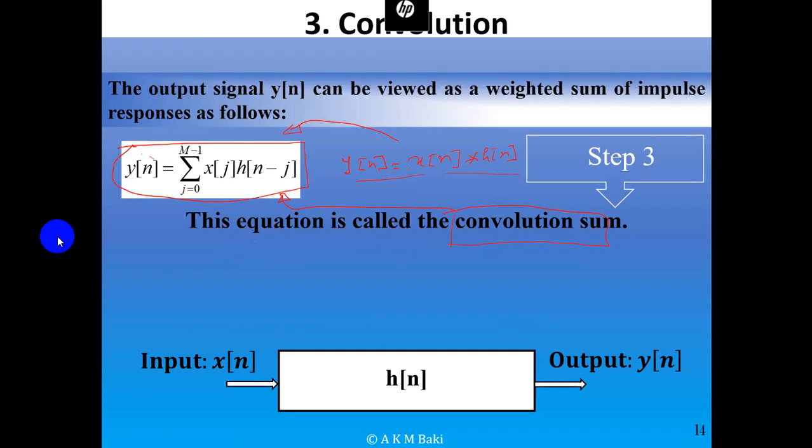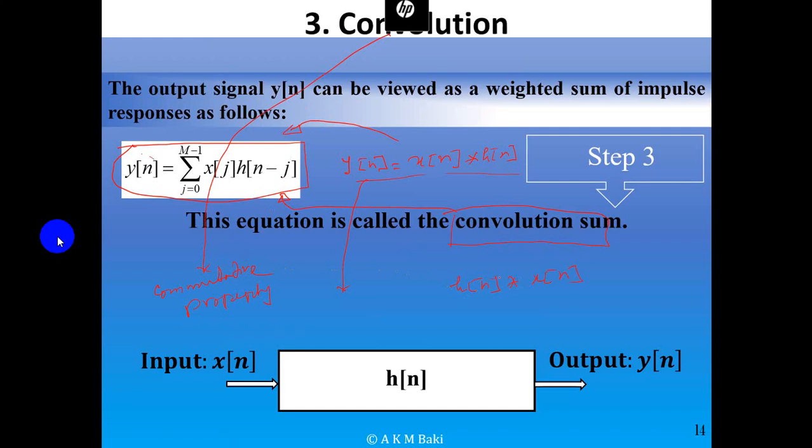Convolution has also one property, that is the commutative property. It is better if I explain this property here. According to the commutative property of convolution, h[n] also can be convolved with x[n].